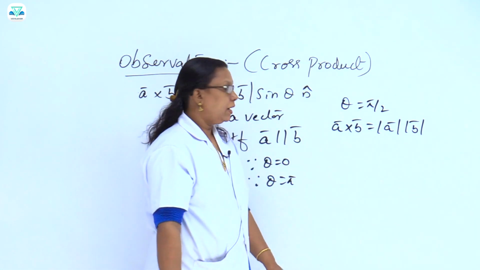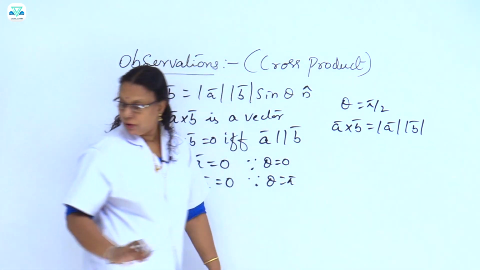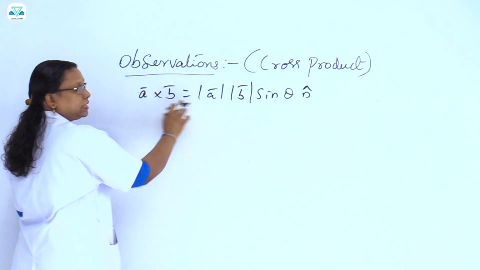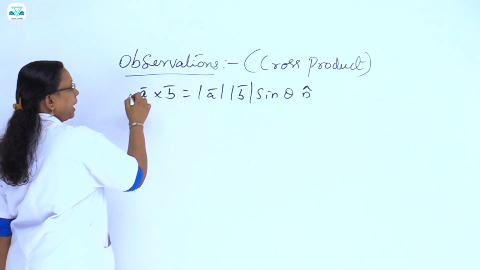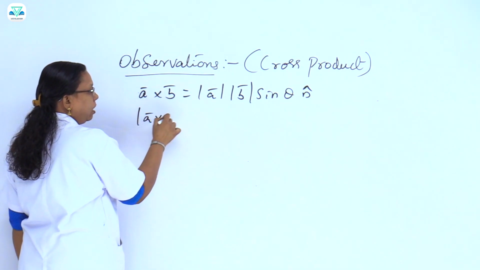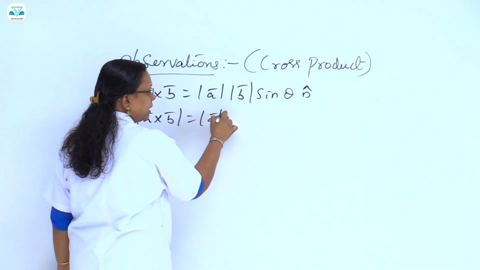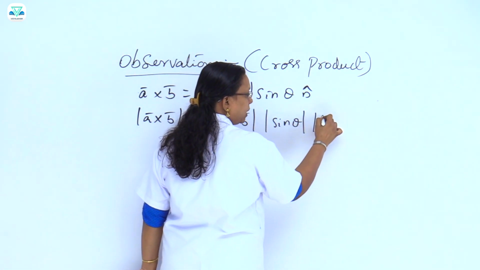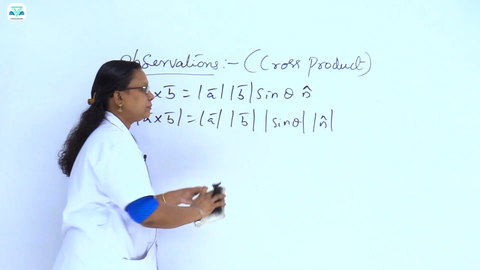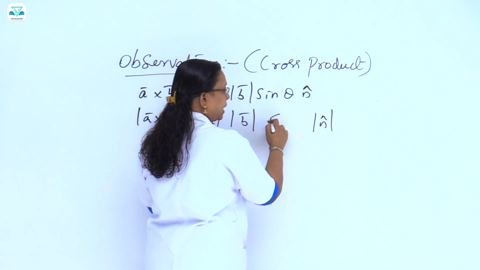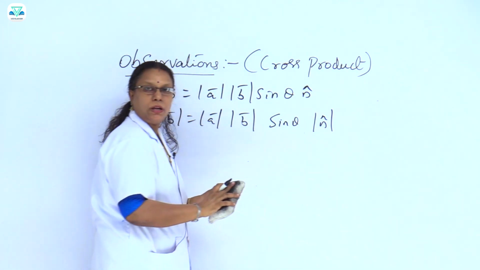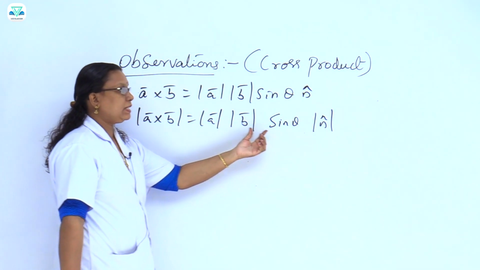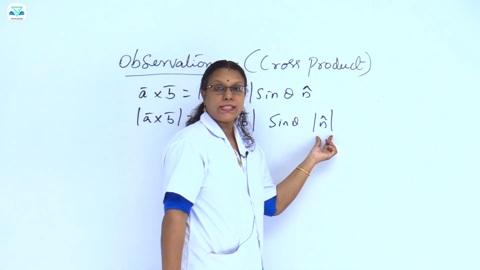Now, in view of this definition of A cross B, let us take the magnitude, the modulus. Modulus of A cross B is equal to modulus A modulus B sin theta into modulus n cap.